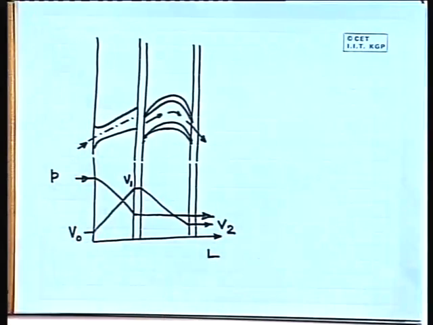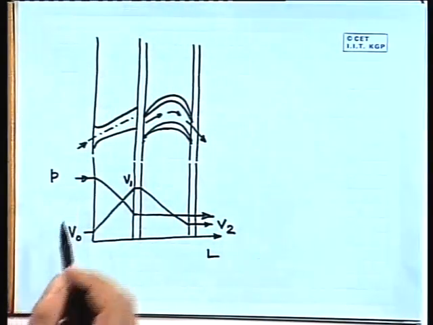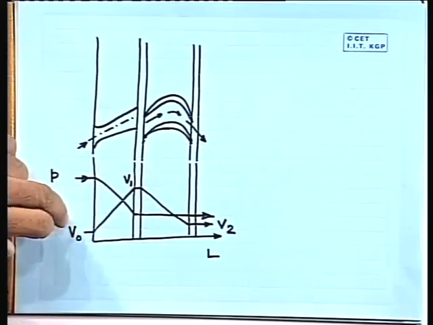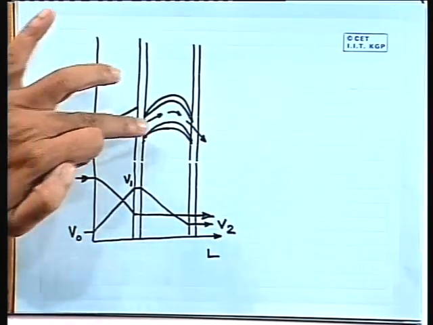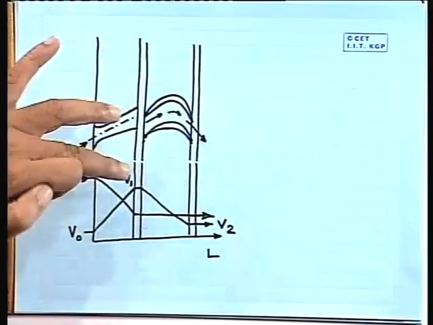Here we can see in this diagram that steam is supplied at certain pressure, at certain enthalpy, and then there is a nozzle and then there is a blade.